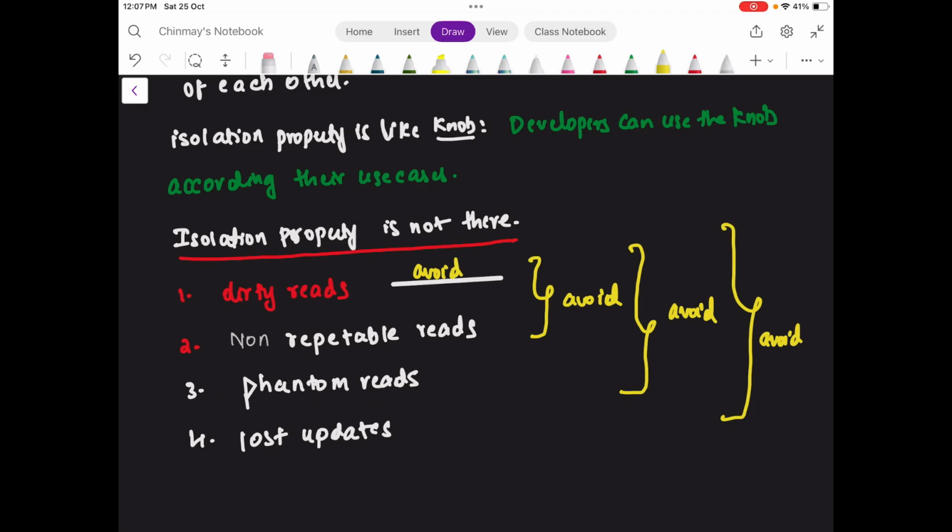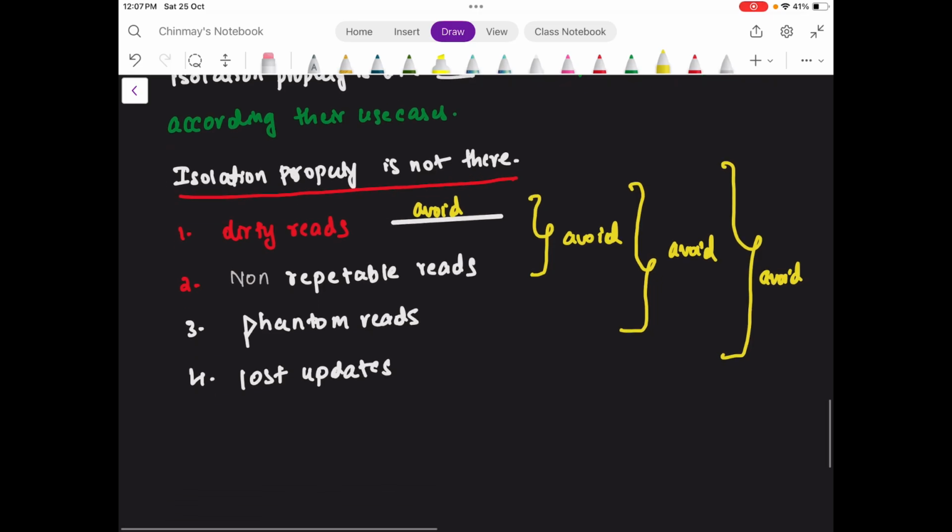But there is another problem here. If the user avoids only dirty reads, that means it has less latency.